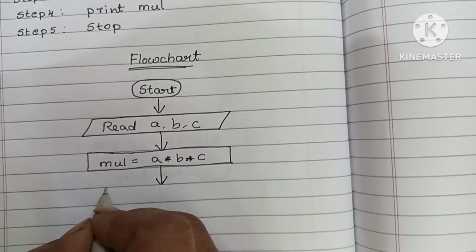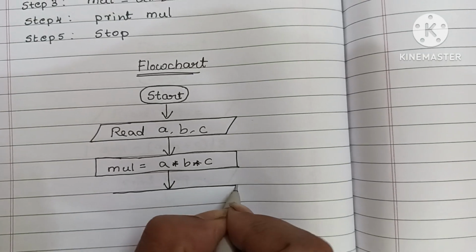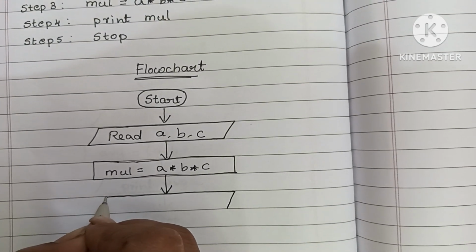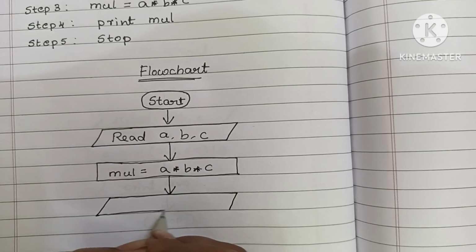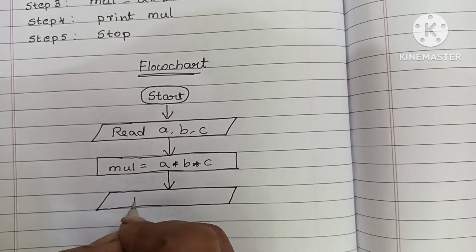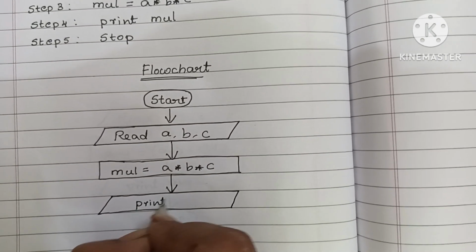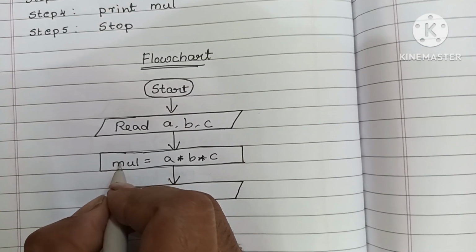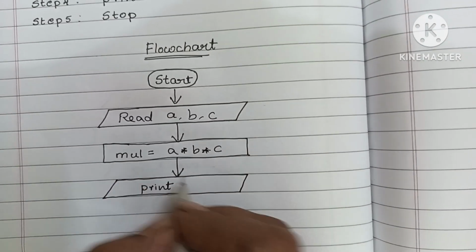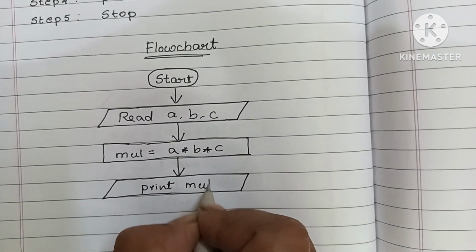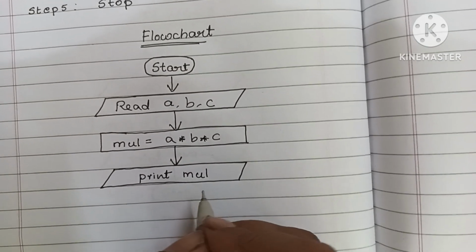Next we have to display the output, right? Output is always written within a parallelogram shape. Within the parallelogram shape we have to print our output. Our output, the multiplication of three numbers, is stored in MUL, right? So we have to print MUL.